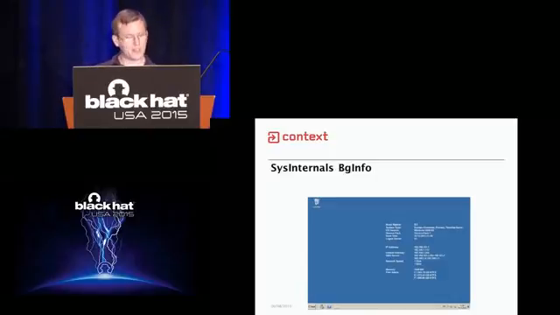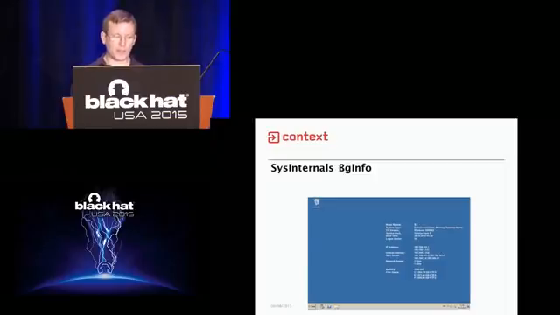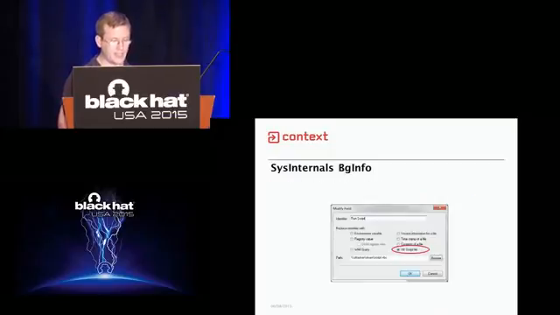So this brought us to another Sysinternals tool, bginfo. If you're not familiar with it, it displays system information on the desktop background, and it's often used on enterprise machines to let admins tell one machine from another. What you probably don't know about bginfo is you can specify various custom fields, and one thing you can do is specify a VB script file to execute to produce an output that will display on the desktop.